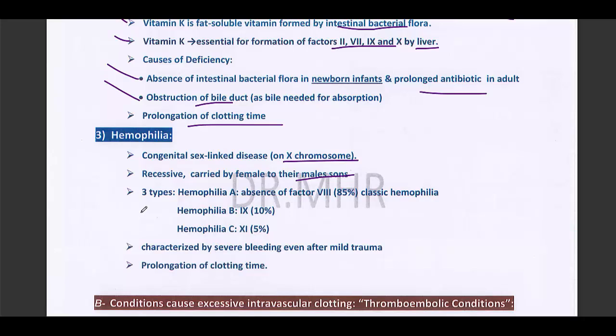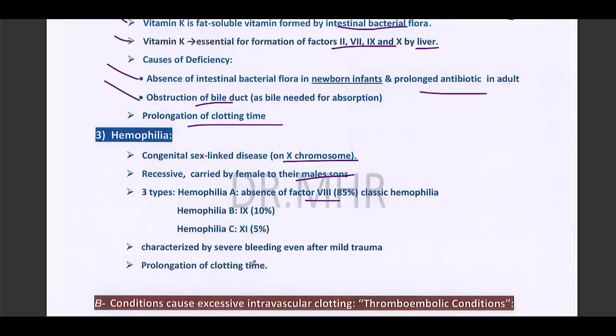It has 3 types: hemophilia A, B, and C. A means absence of factor 8. This is the most common and is called classic hemophilia. Hemophilia B is absence of factor 9, and hemophilia C is absence of factor 11.